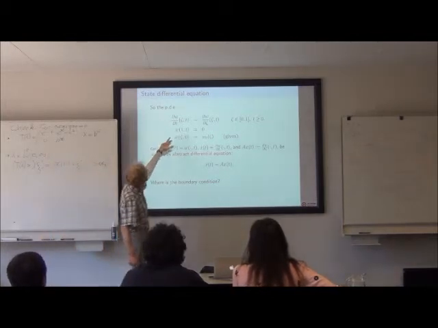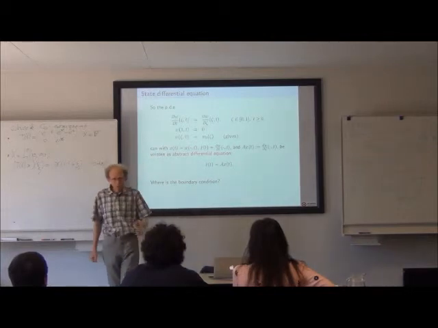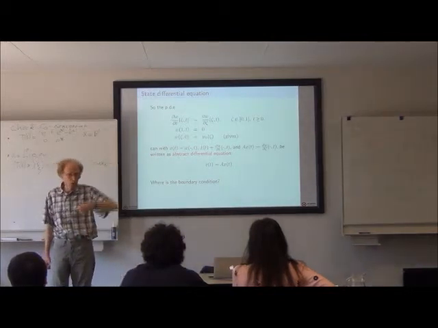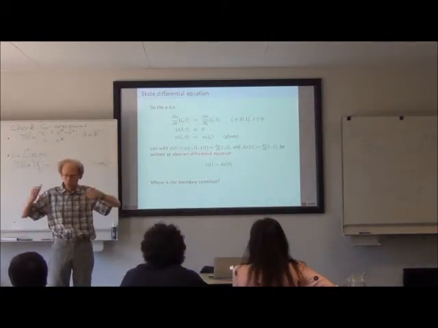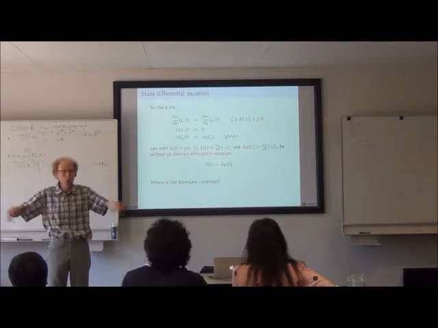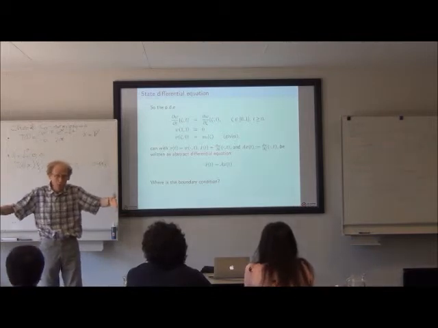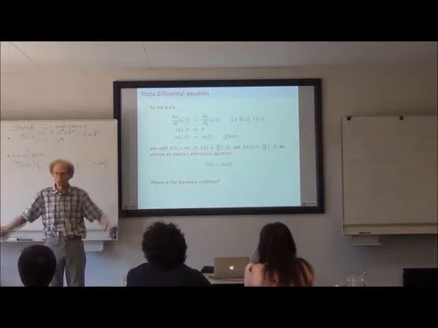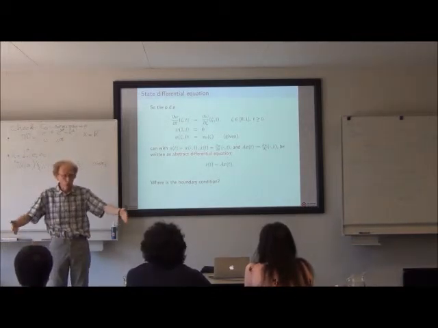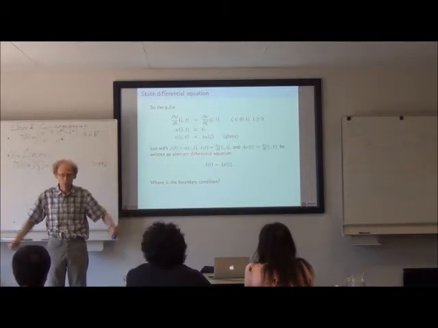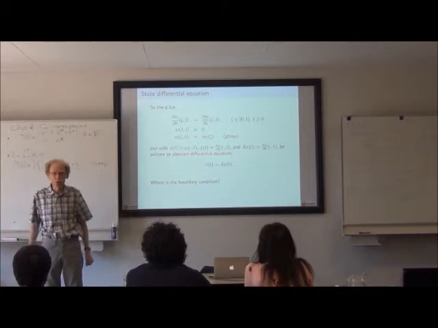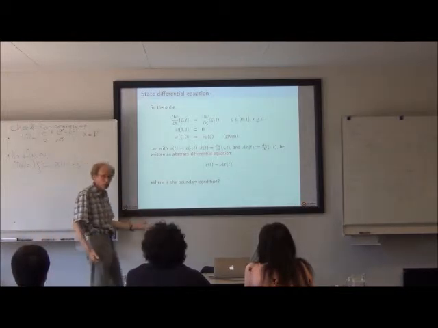But where is this? It's an essential part. Boundary conditions, we will get to it later, but boundary conditions are an essential part of a partial differential equation. They tell basically how this PDE is connected to the outside world. If I have a string, it behaves completely different if I have it fixed or if I have it free. It's just boundary conditions. So boundary conditions are essential.